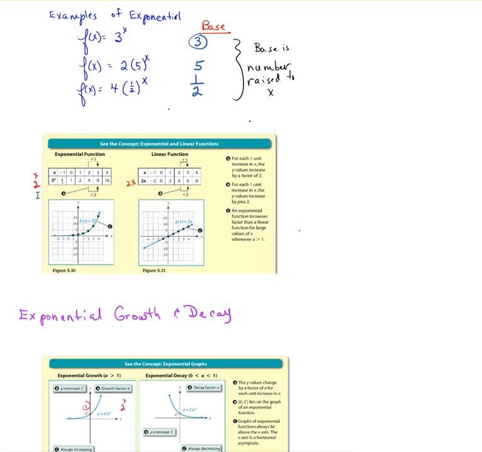Now here, 2 to the x, this shape looks like this, and you're going by 1 here, but here you are going up exponentially, and so we get higher and higher pretty quickly. So that's the difference in those.